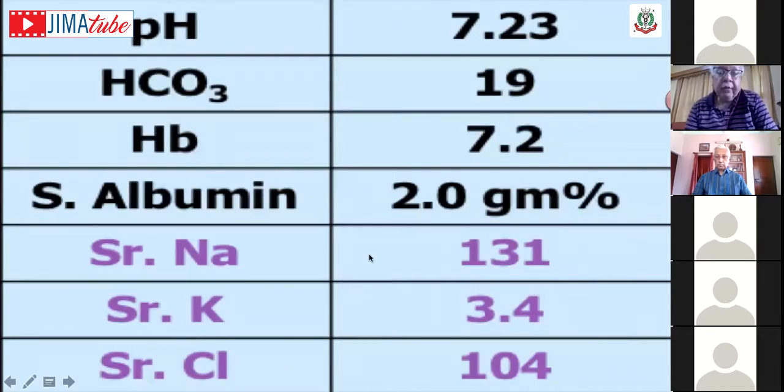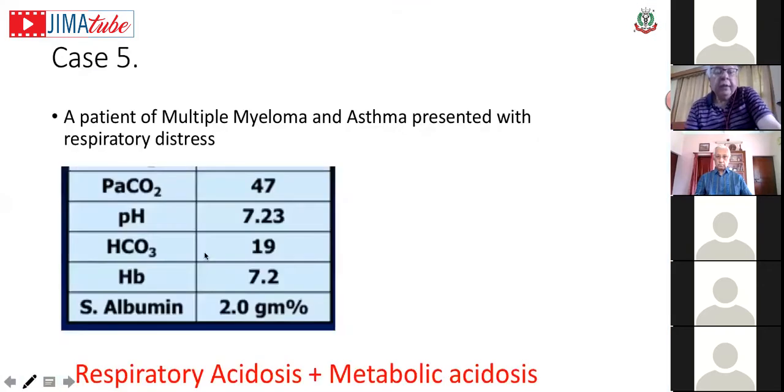So first and foremost, you need to know what would be the normal anion gap in this patient. As you all know, normal anion gap is 12. Now, that has to be corrected for albumin and for pH. Normally the anion gap will come down with hypoalbuminemia and with acidosis.